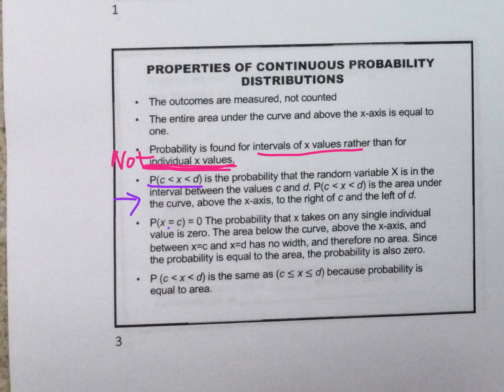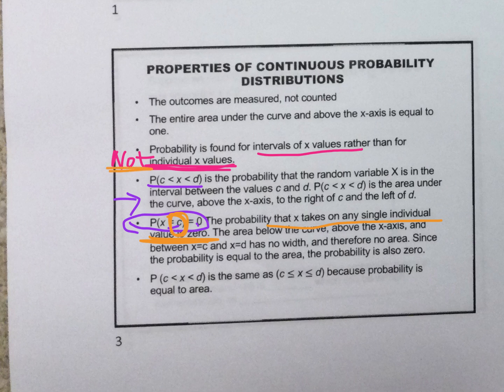The probability that x equals C is 0. That means that the probability that x takes on any single individual value is 0. See, x equals C, that could be any value, equals 0.